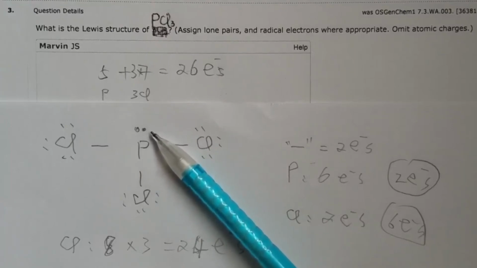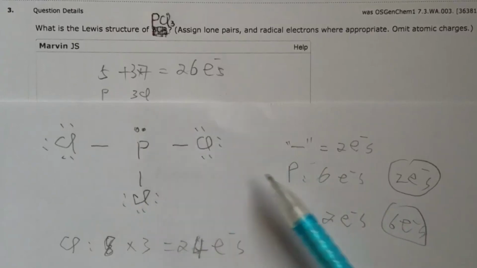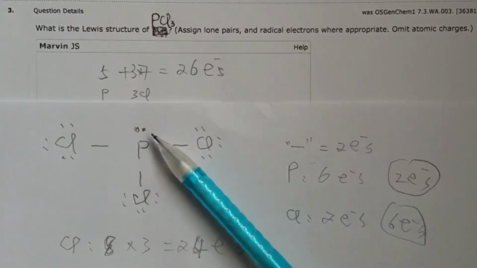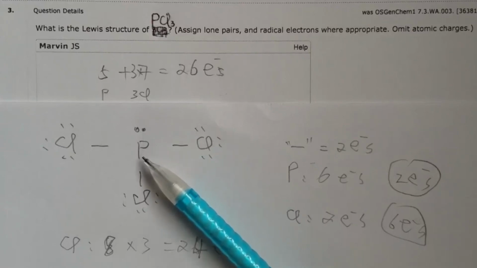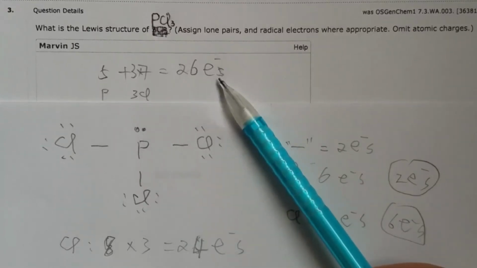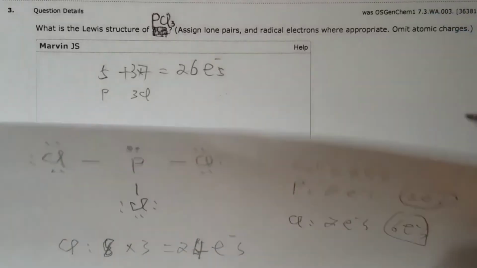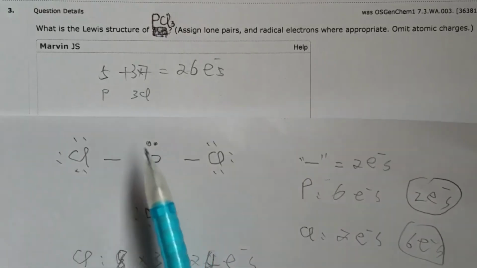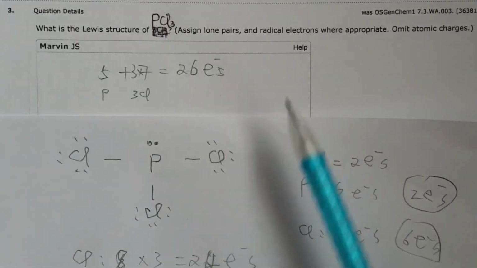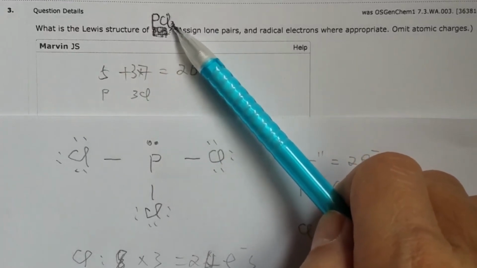Now you see phosphorus has 6 bonding electrons and a lone pair, which means 2 non-bonding electrons. Therefore, all of the 26 valence electrons have been correctly assigned. So this has to be the correct Lewis structure for phosphorus trichloride.